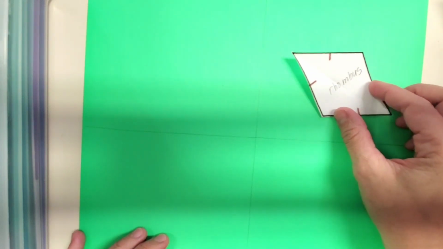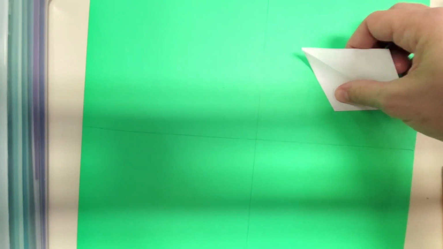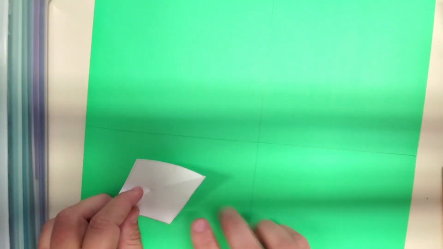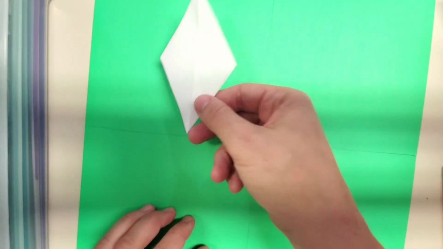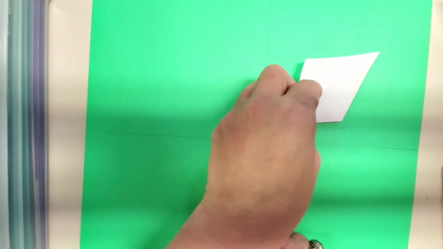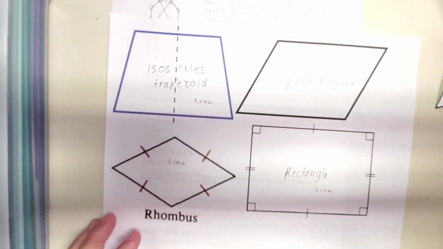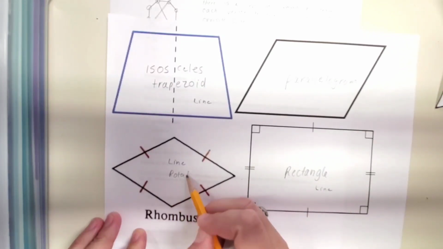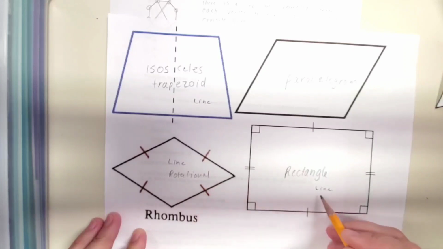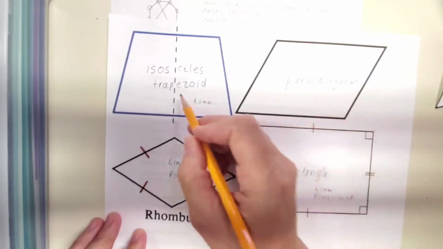Rhombus had line symmetry, and it also has rotational symmetry, because when it gets to here, it matches the shape it was. So the only two shapes with both line and rotational were the rhombus and the rectangle. Parallelogram only had rotational, and isosceles trapezoid only had line symmetry.